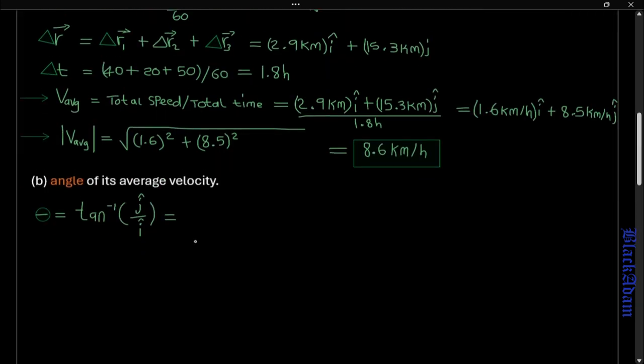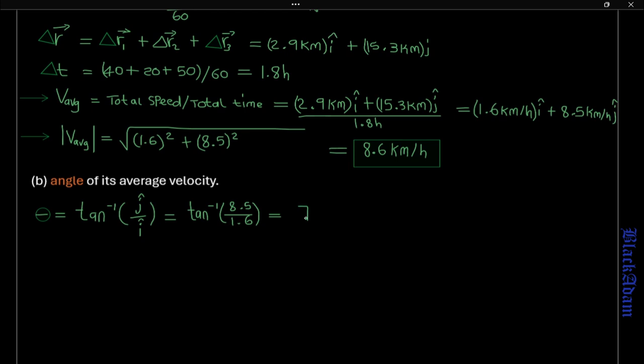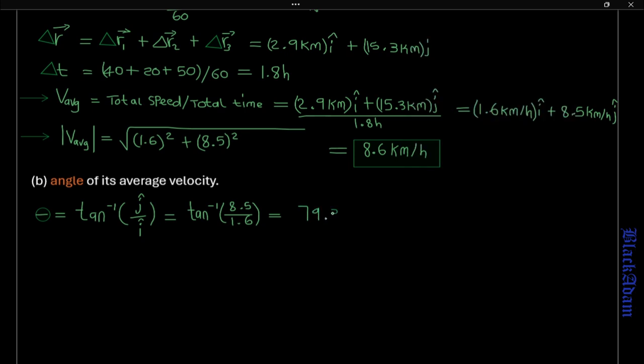So inverse tan of 8.5 divided by 1.6 will give us 79.3 degrees. So that's our final answer.